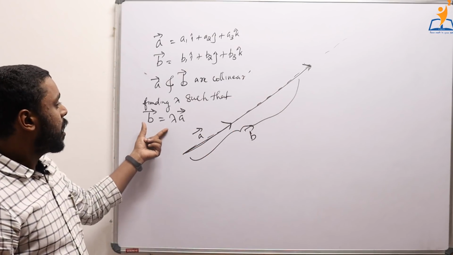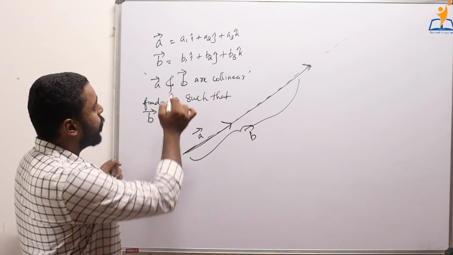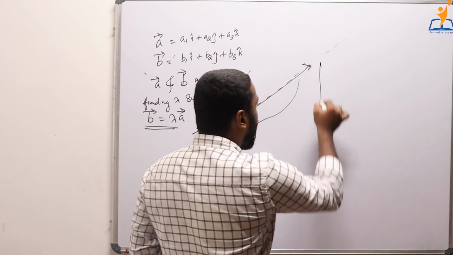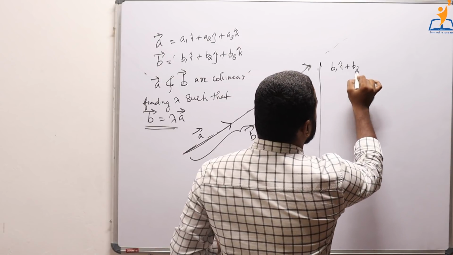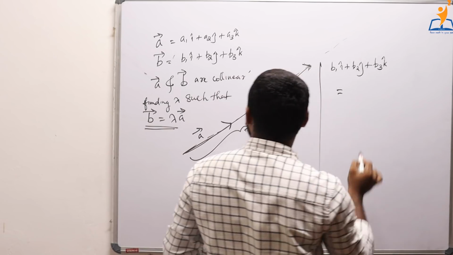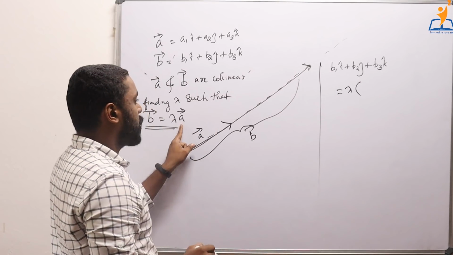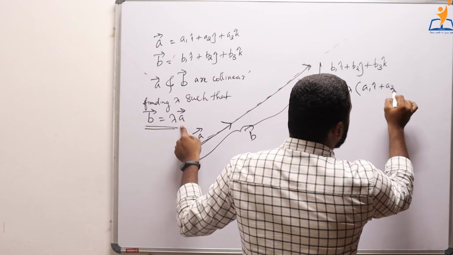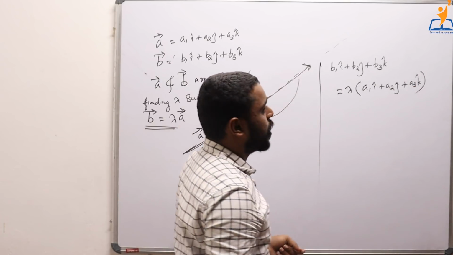Now we shall substitute the component form of vectors in this relation. We know that a is equal to this and b is equal to this, and when we substitute, it will become b1 i cap plus b2 j cap plus b3 k cap equal to lambda into a, where a is a1 i cap plus a2 j cap plus a3 k cap, right?